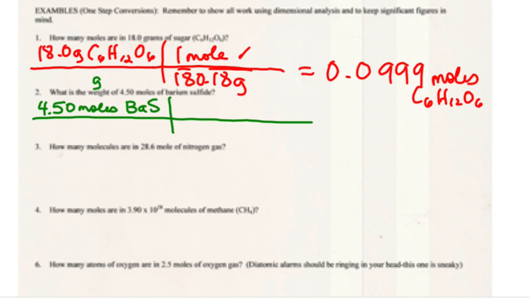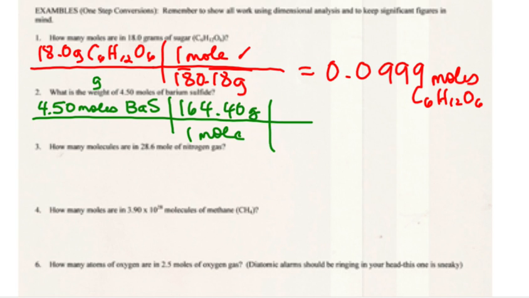All right, now what do we do? 1 mole is how many grams? 4.4 what? 0.40? 40 grams.